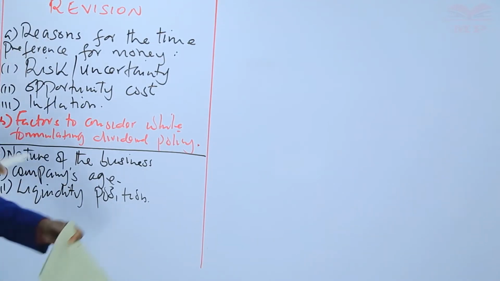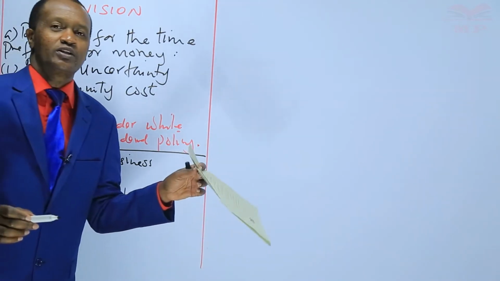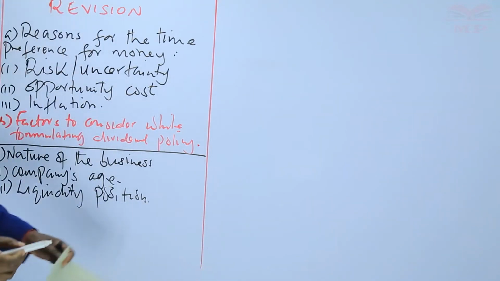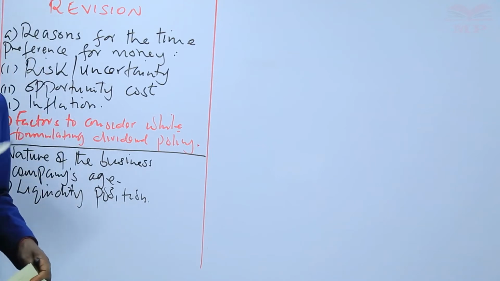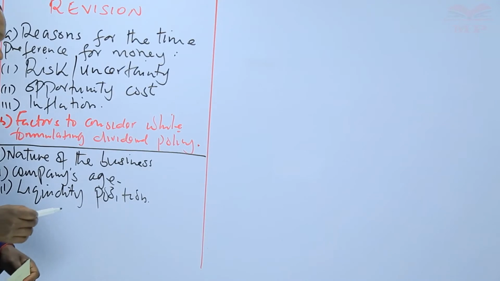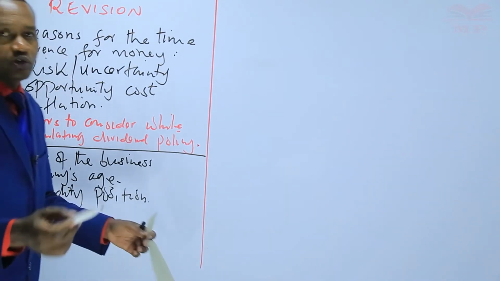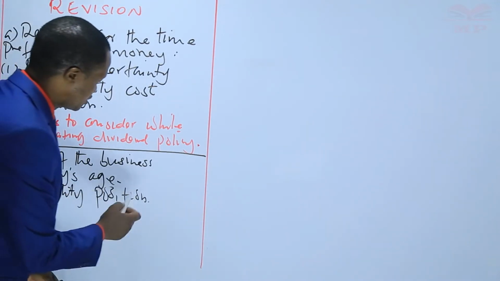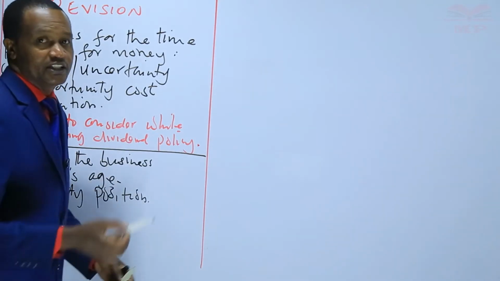That means instead of paying cash, the company can pay the shareholders dividends in form of stocks or shares. But if the cash position is strong, the firm may opt to pay cash dividends, because dividends can be paid in various forms, like stocks, cash, and so on. So the liquidity position of a company is a factor to consider while formulating the dividend policy.